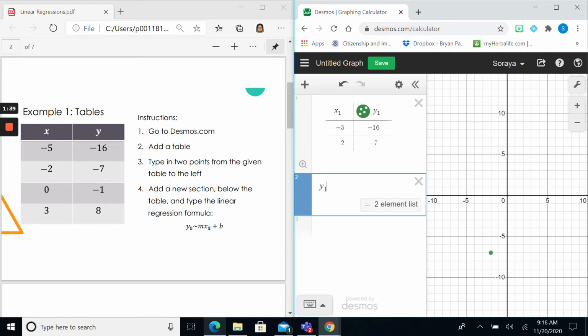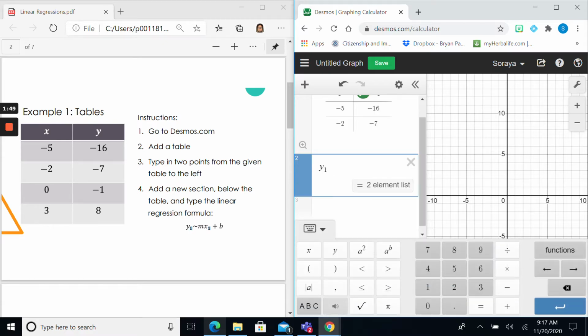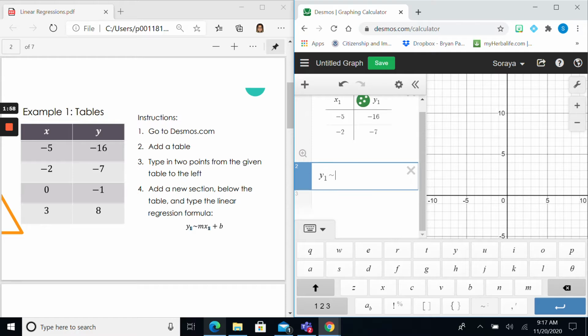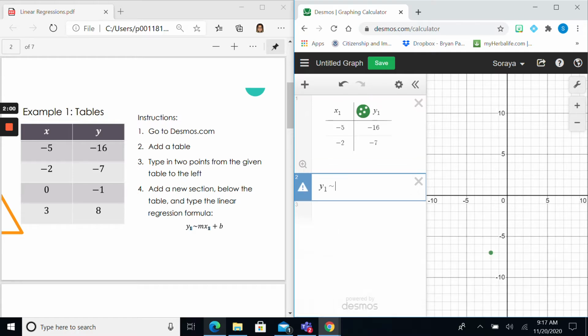You can either hold Shift on your keyboard and press the key that's on the left side of your 1. That'll give you a squiggly line. Or you can open up this keyboard down here, and if you go to the ABC options, your squiggly line is also down here below the B. Okay, so you can use either one. Now you're going to do mx1 plus b.